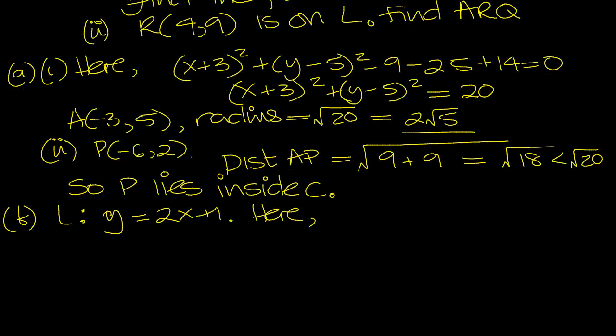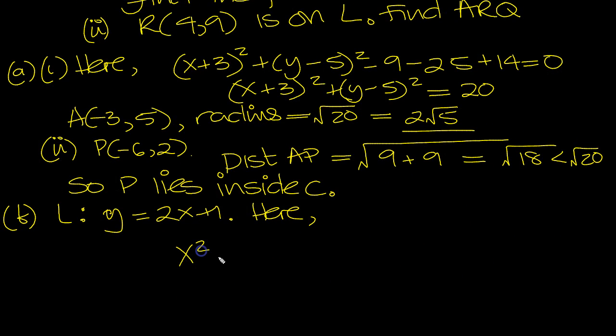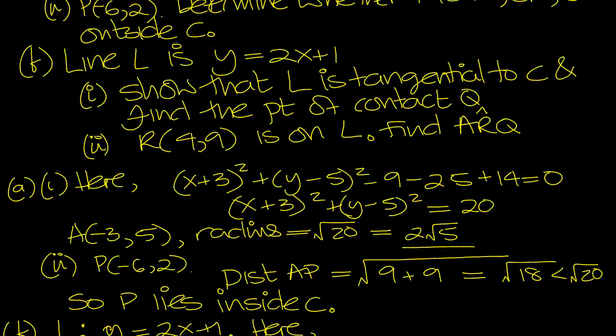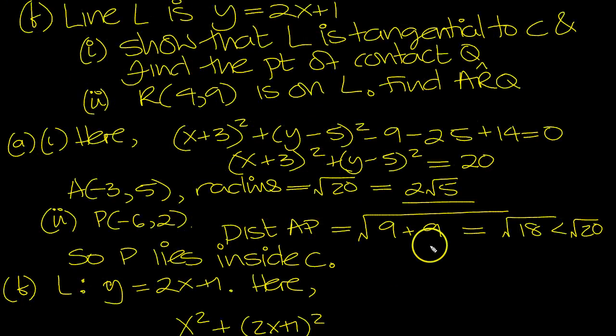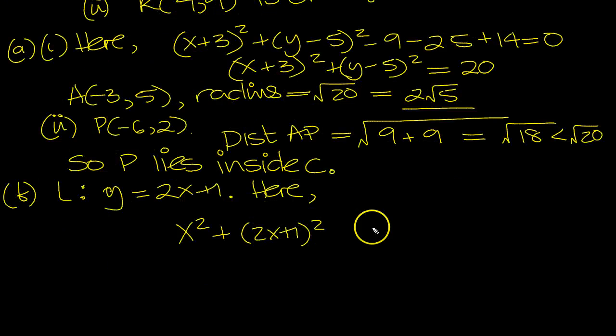x squared plus y squared, which is this squared, 2x plus 1. And then what have we got? x squared plus y squared plus 6x minus 10y plus 14 equals 0.